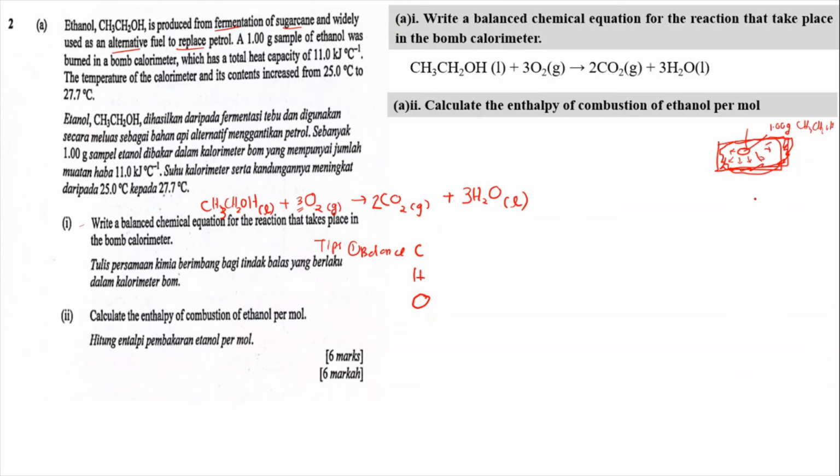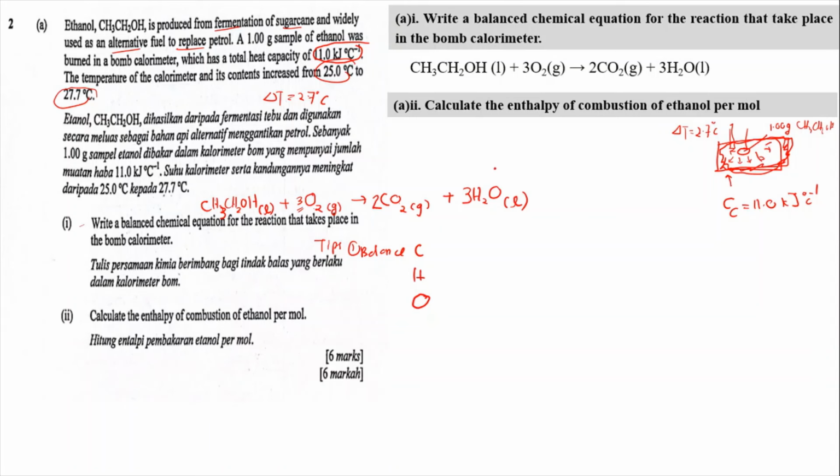Okay, and then the heat capacity of the calorimeter is mentioned as 11 kilojoule per degree Celsius. And then the increase in the temperature, which is this here is the thermometer, it will increase by 2.7 degrees Celsius. Okay, 27.7 tolak 25. So delta T here is going to be 2.7 degrees Celsius.